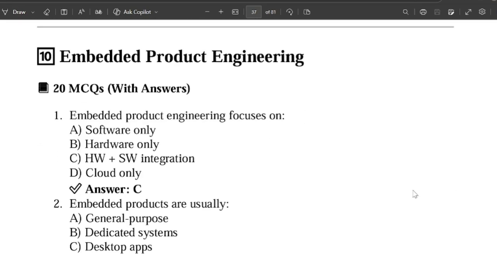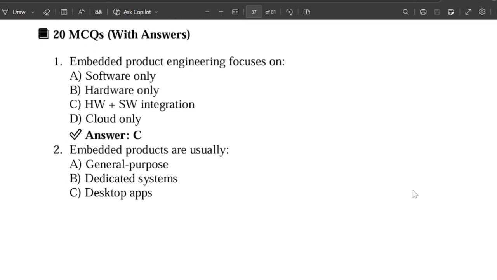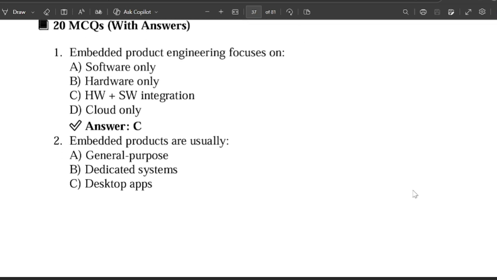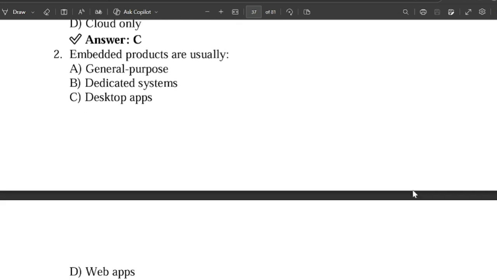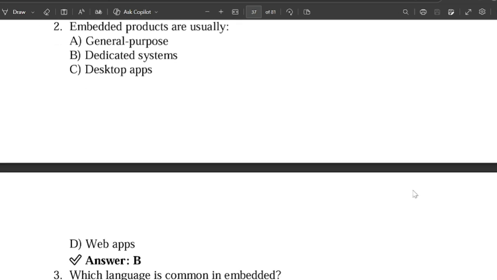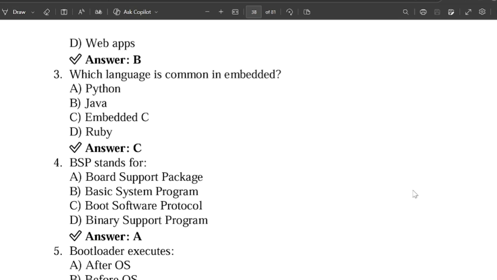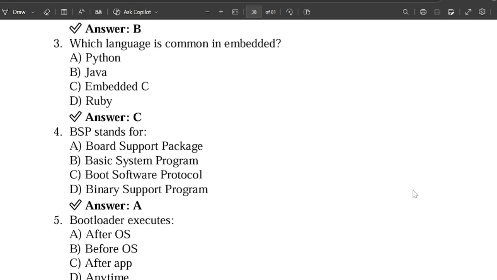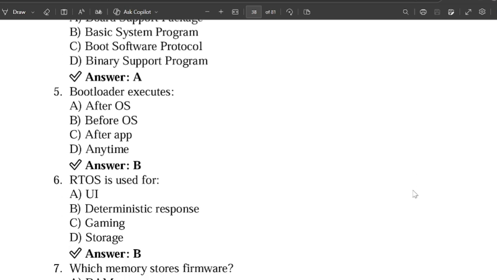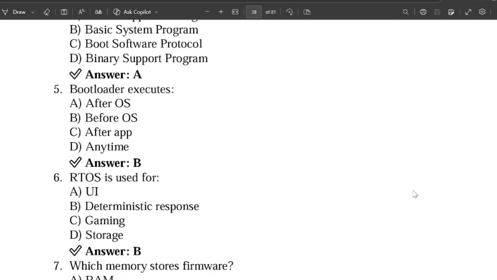Next one is embedded product engineering. Embedded product engineering focuses on hardware plus software integration. Embedded products are usually dedicated systems. Which language is common in embedded? Embedded C. BSP stands for Board Support Package. Bootloader executes before the OS.